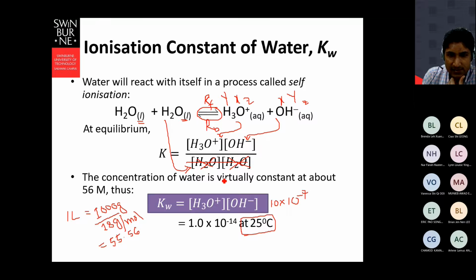And since hydroxyl ion and hydronium ion are produced in the same amount, there will be 1 times 10 power negative 7 of both. And that is why we can multiply them and find 1 times 10 negative 14. So this is the universal constant, the Kw for water at 25 degrees centigrade. All right, at 25, and it depends on the temperature.